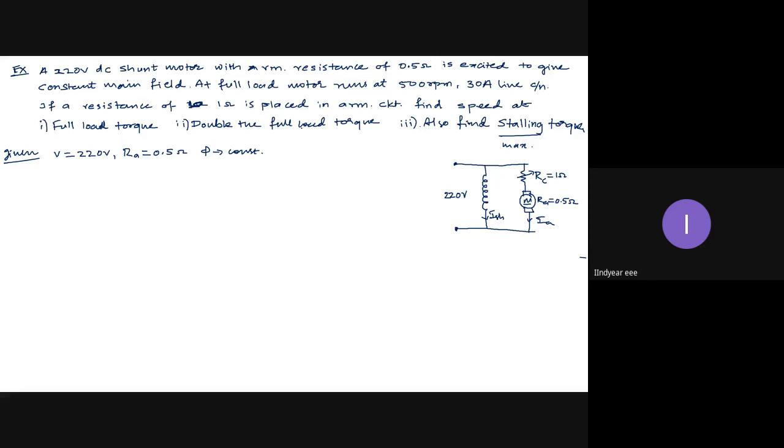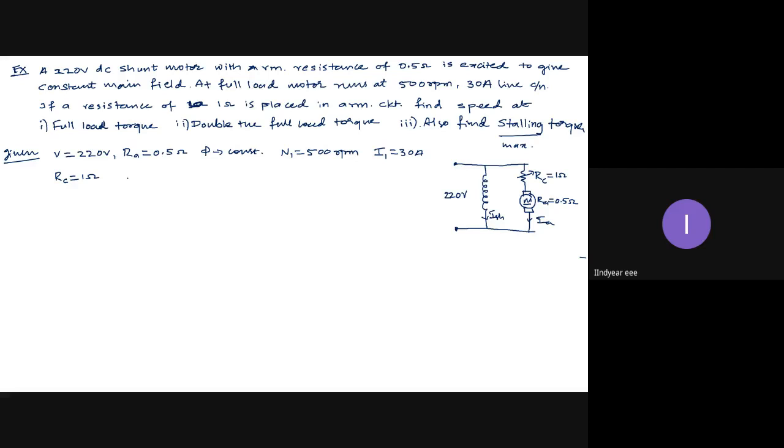At full load, motor takes 500 RPM. So let me take this as N1 is 500 RPM. The line current I1 is 30 amperes. If a resistance of 1 ohm is placed, RC is 1 ohm, which is placed in the armature circuit.